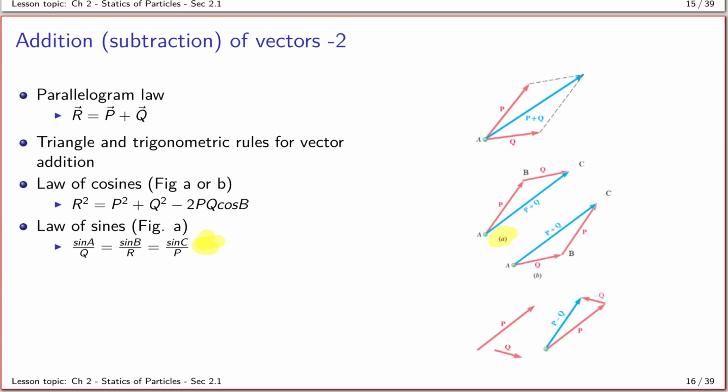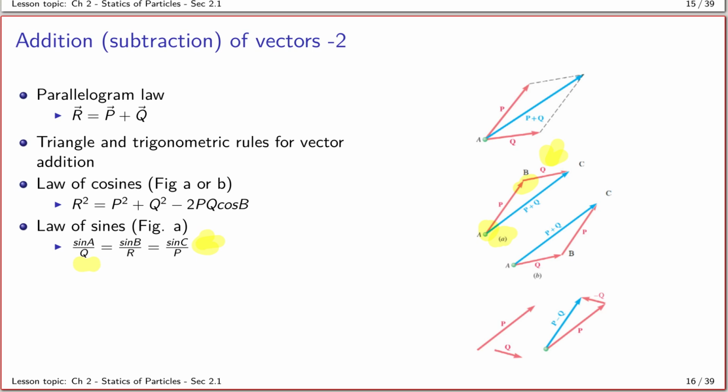So the law of sines is written down with respect to figure A here. As I said, it's the ratio of the sine of the angle to the opposite side. The first term here is sine of A, which is the angle A here, and the opposite side is vector Q. Similarly, sine of B divided by R, where B is this angle here and R is the opposite side.